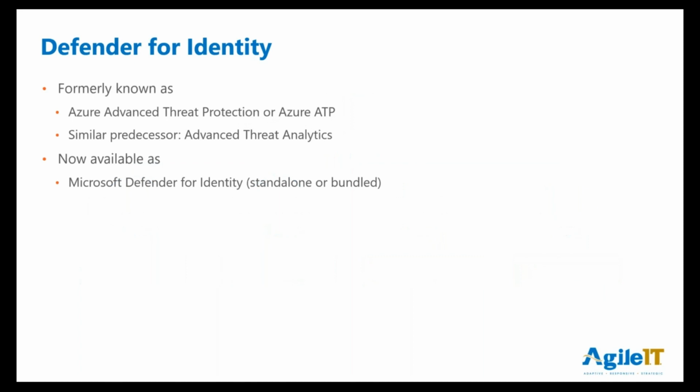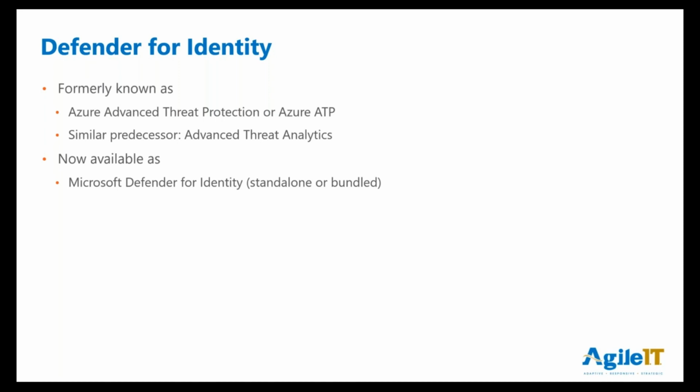And just to bring some history in here, this was formerly Azure Advanced Threat Protection, or Azure ATP. I've seen in some places on the internet Advanced Threat Analytics described as a former version of Defender for Identity. That's not quite accurate. It is part of the story of how we got here and has some overlap in terms of capability, but Advanced Threat Analytics still exists as its own product.